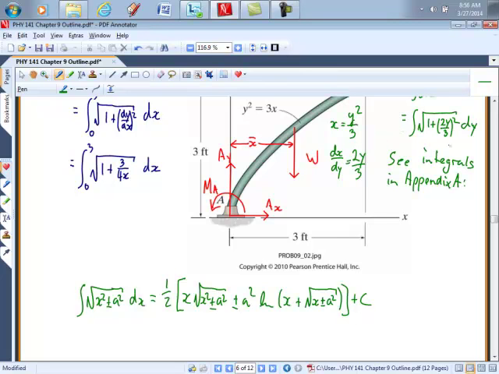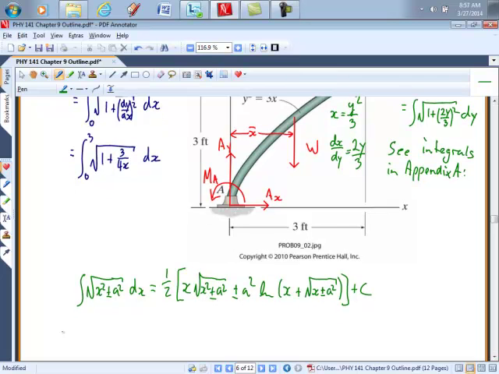Because this is a 2/3 squared, if I factor out a 2/3, I get the constant times the integral of the square root of y squared plus, I factored out a 2/3, so this is going to be a 3/2 squared now.